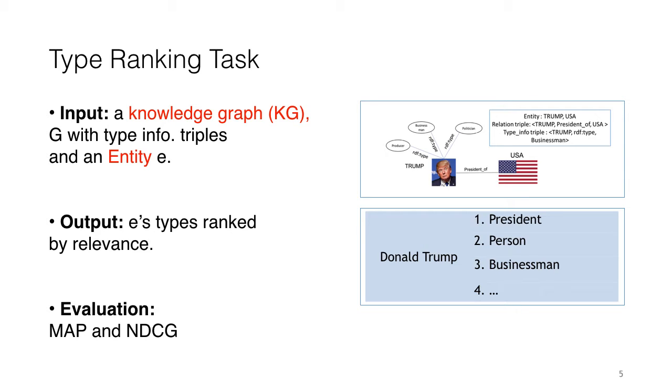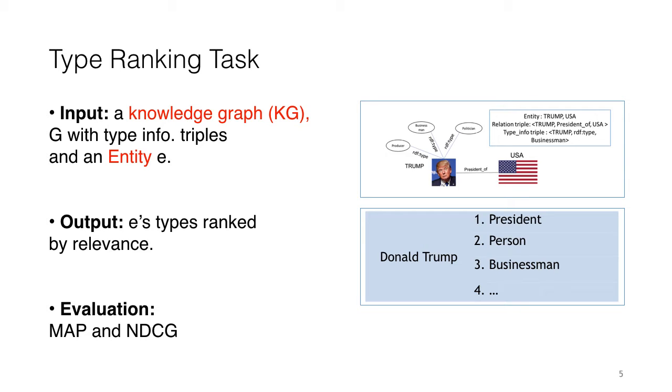In our problem, the input is a knowledge graph. You can see in the slide, the input is a knowledge graph G with type info triples and an entity E. Traditionally, a knowledge graph contains relational triples, but in this paper, we introduce a relevance property and connect the entity and its respective types with this relevance property.